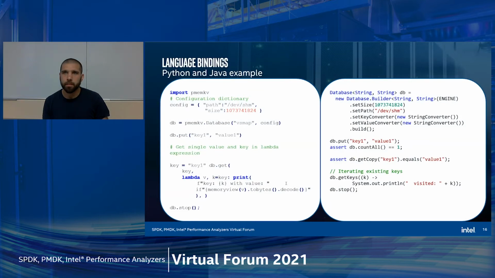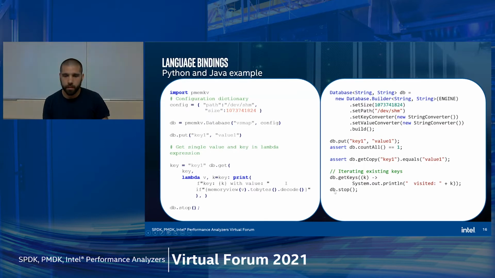However, they have syntactic tweaks to be as idiomatic as possible for the particular language. As you can see, in Java, on the right, we create database objects using the builder pattern. On the other hand, in Python, we create a simple config dictionary, which we pass to the database constructor.